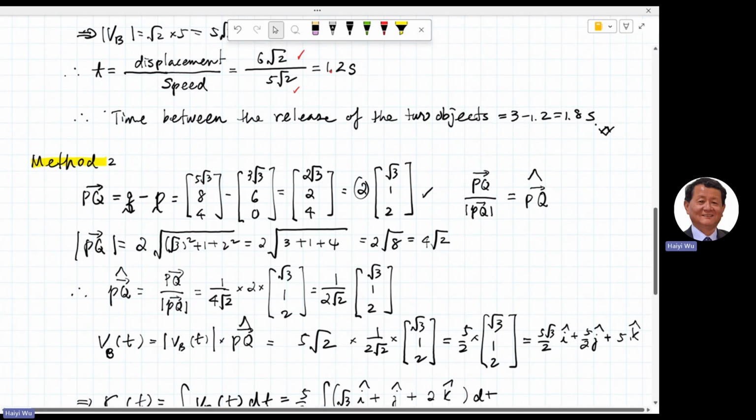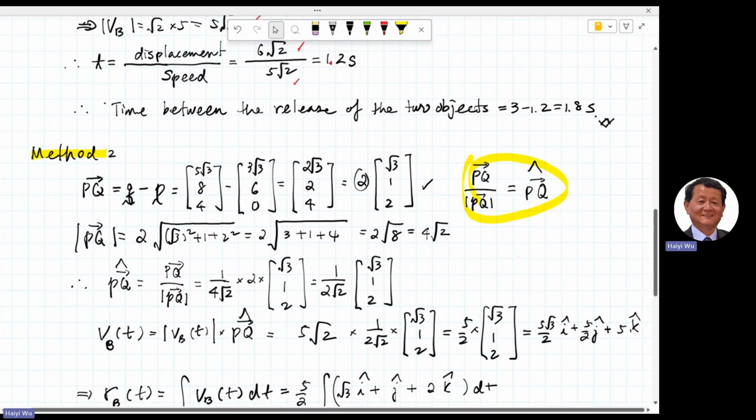This is the key. Why do we need the unit vector of PQ? Because the velocity of particle B is in that same direction. If I know the unit vector of PQ, I can multiply by the magnitude to work out the velocity vector for particle B. I'll show you in a minute.